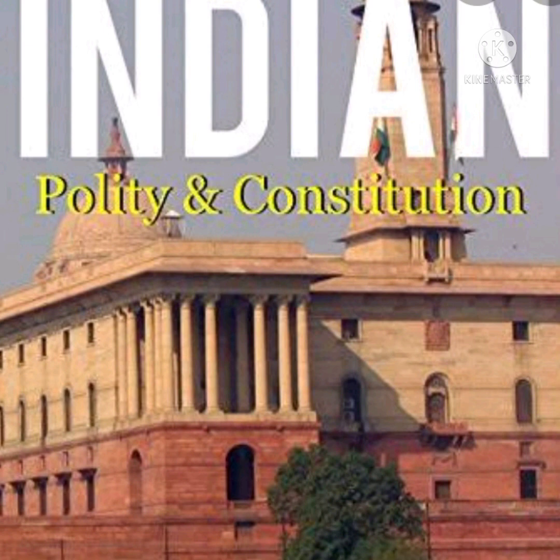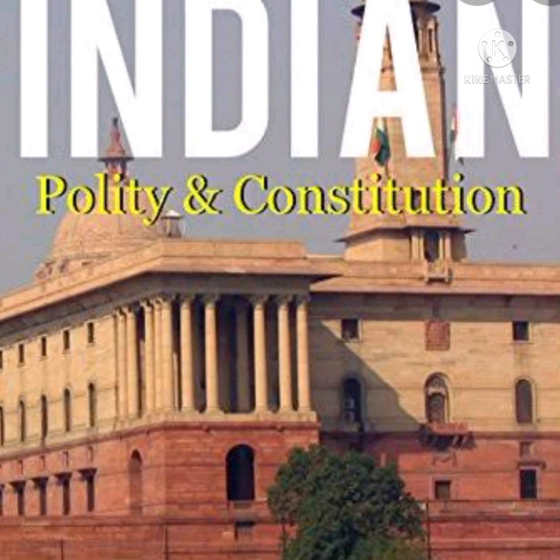The parliamentary form of government is also known as the Westminster model of government, responsible government and cabinet form of government. Our constitution adopted this parliamentary form from the British Constitution.